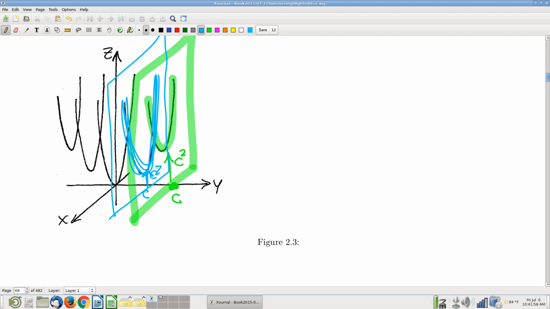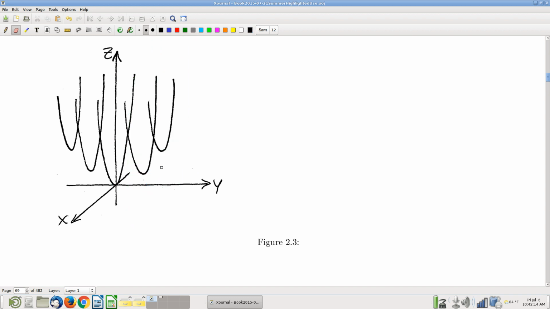The smaller c is, the smaller c squared is. So the amount that these parabolas are shifted up is itself kind of parabolic in a way. C squared, right? So you put this all together, and that suggests this kind of a picture.